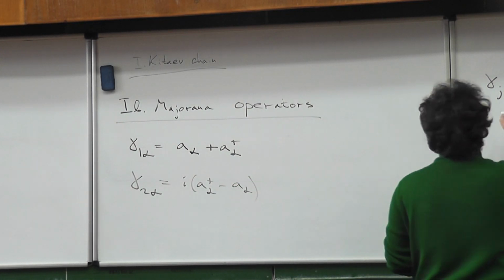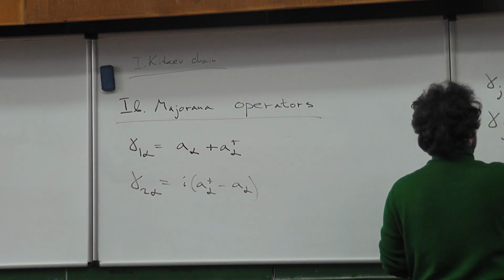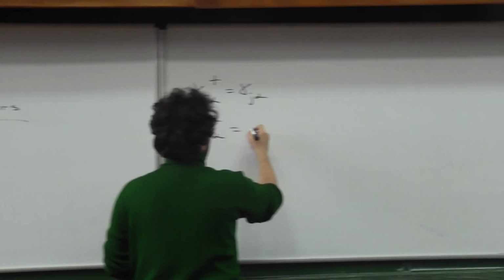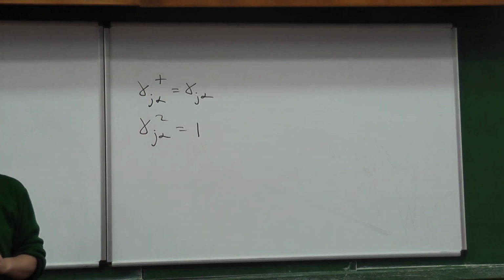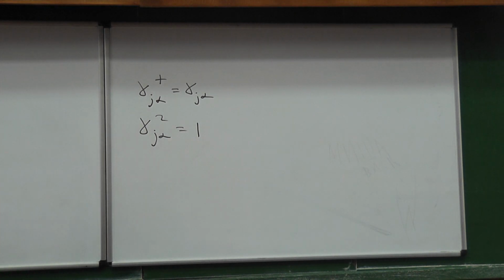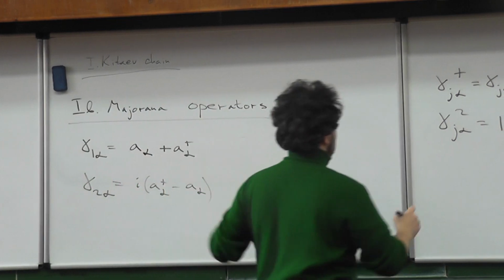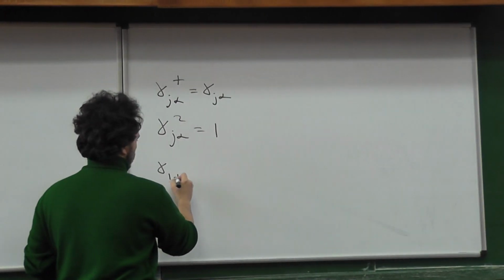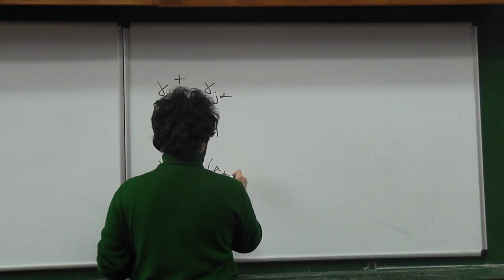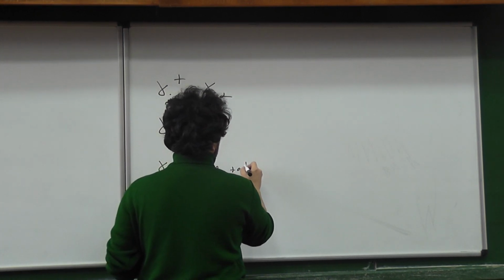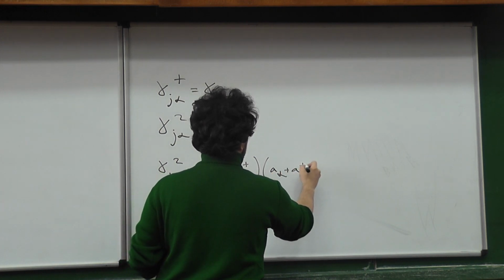Second, these gamma j alpha, when squared, they equal 1. Let's check this, for example, for this operator. Let's calculate gamma 1 alpha squared. It's A alpha plus A alpha dagger times A alpha plus A alpha dagger.